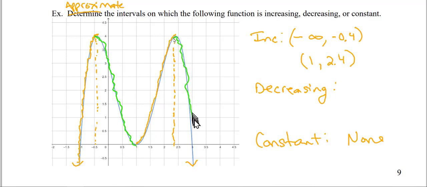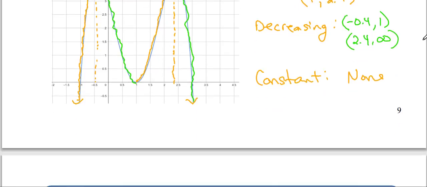And it switches straight from increasing to decreasing. So we're going to use these same numbers, the negative 0.4 to 1, and then from 2.4 to infinity. So we have covered our entire domain, negative infinity to infinity, with the exception really of those actual peaks and valleys that we have there.